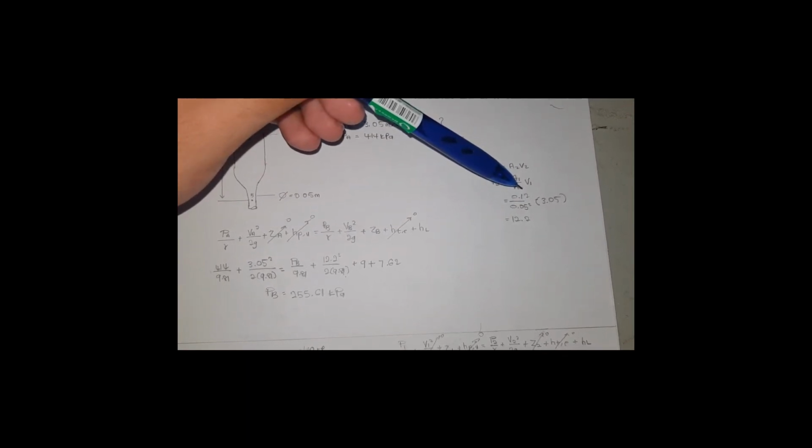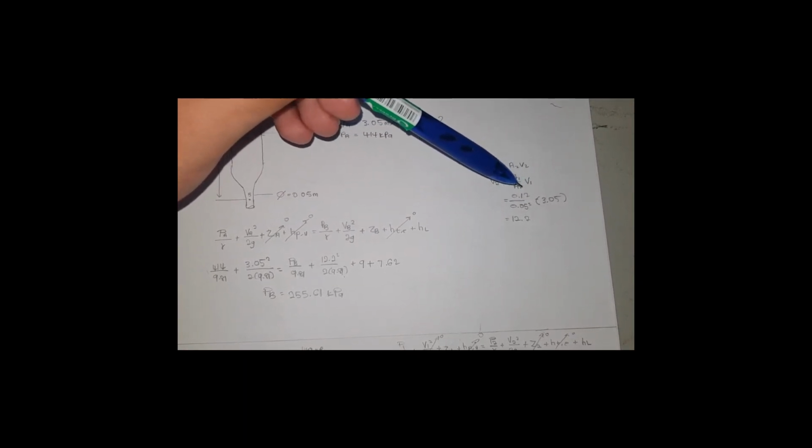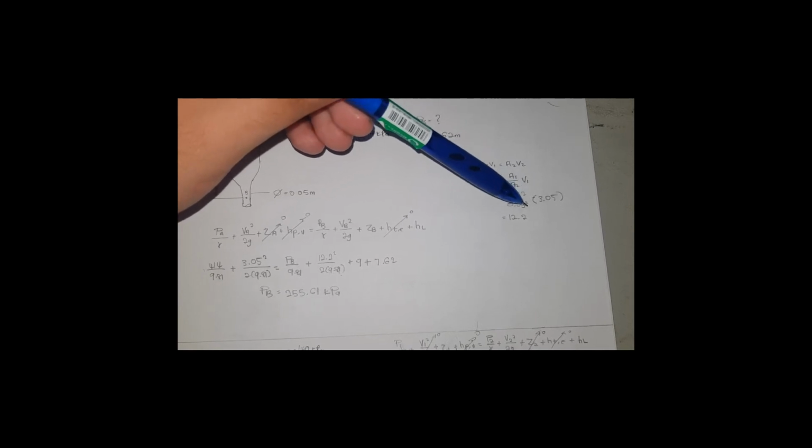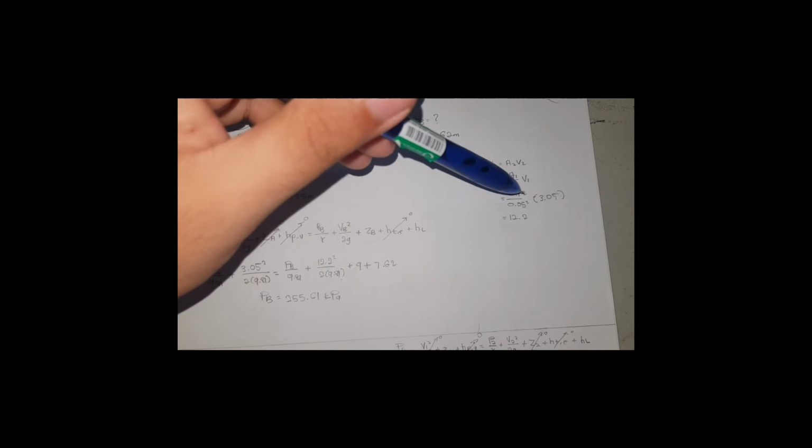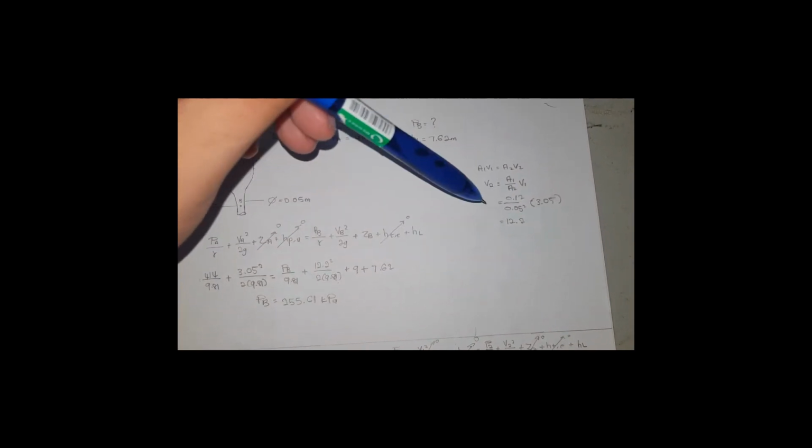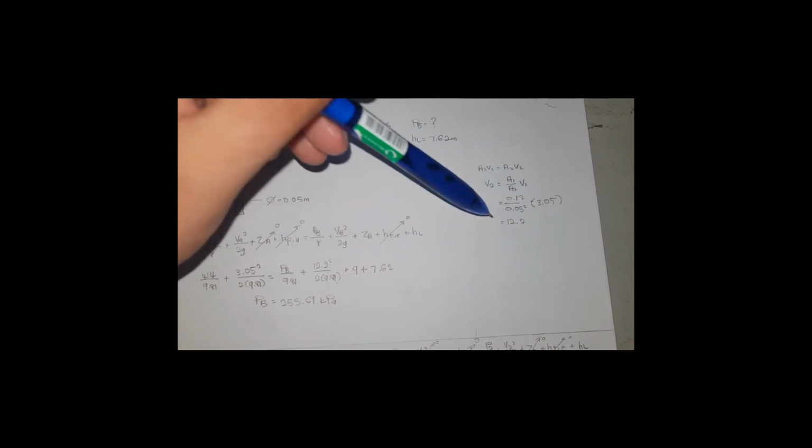Why is it powered by 2 at the top here? When the pi meets the pi, it is cancelled out, so we can just take the amount to the power of 2 and times by 3.05, which is given here, and we get the number 12.2.